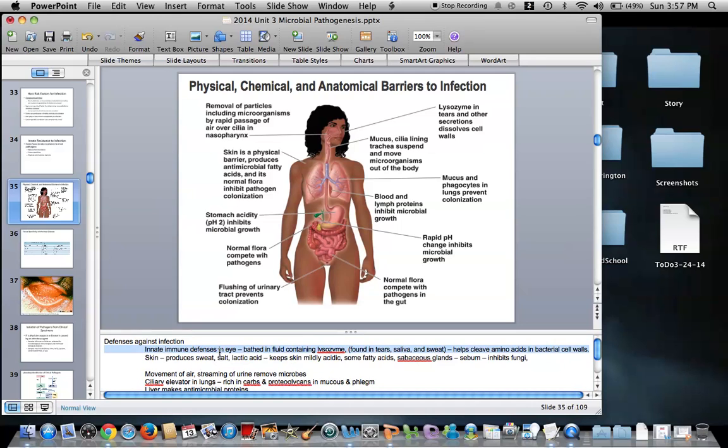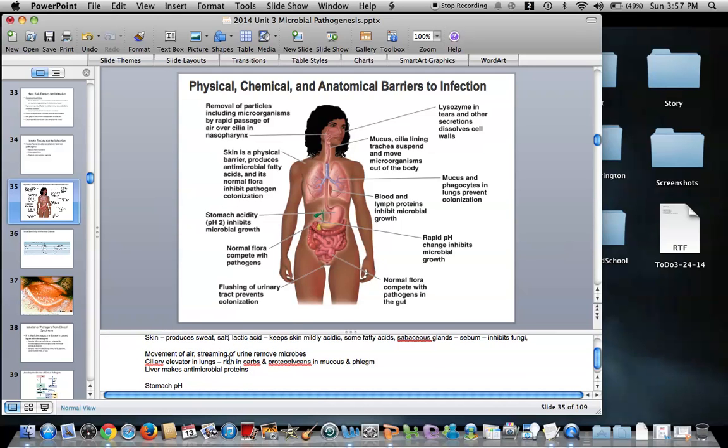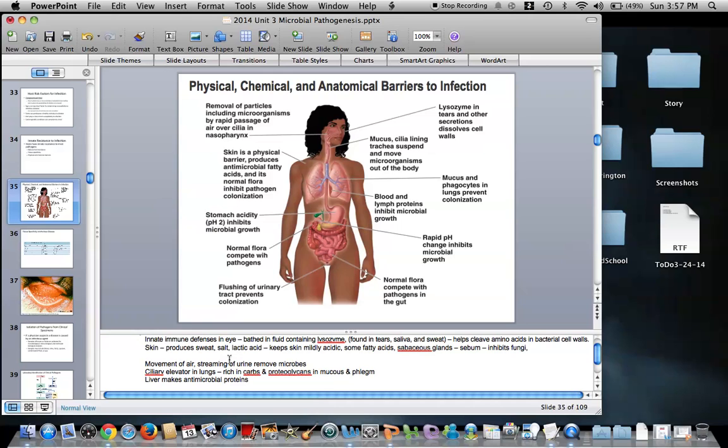So your eyes are bathed in fluid that has lysozyme, your skin produces sweat, and it has sebaceous glands which produce sebum, and it also has lactic acid which keeps it mildly acidic, like 5 to 6 pH.